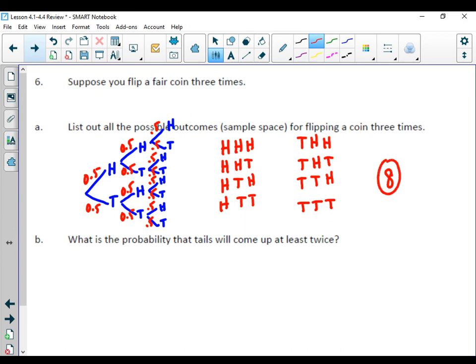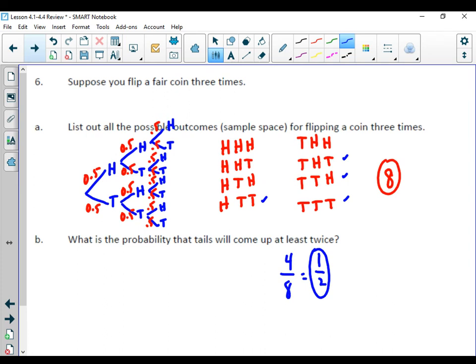Well, they want to know what's the probability that tails will come up at least twice. So I go through my list and I see, well, how many times does tails come up at least twice? What happens here? It happens here, here, and here. So 4 out of those 8 situations, or the probability is a half.